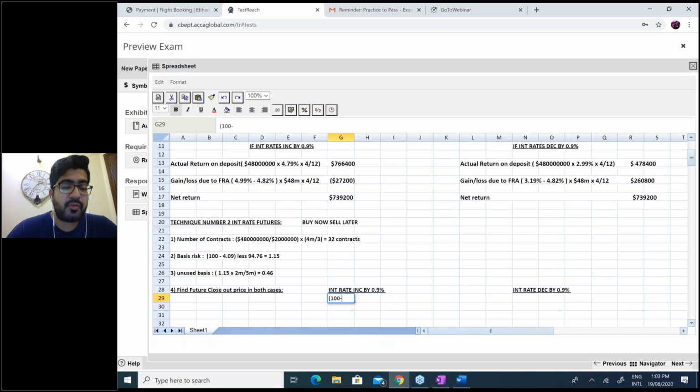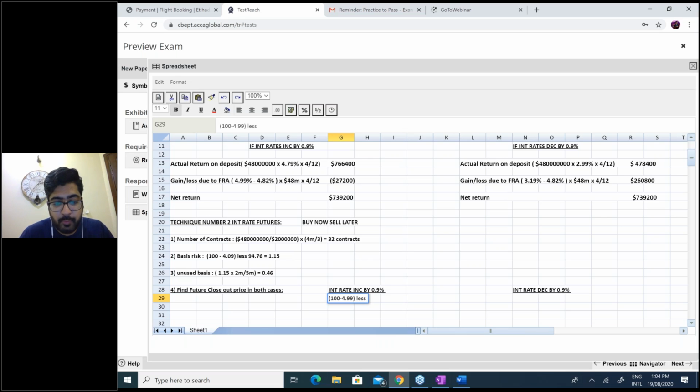So what is the interbank rate? 4.09. But here it's the case of increase by 0.9. Spot 100 minus LIBOR. LIBOR is the interbank rate, 4.09, but you are dealing with the case where it increases by 0.9, so it becomes 4.99. Less unused basis.